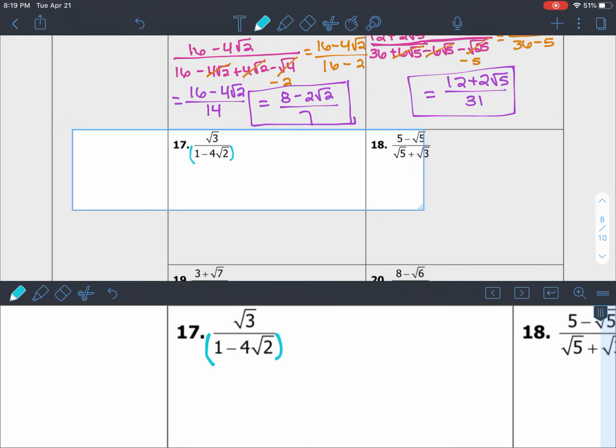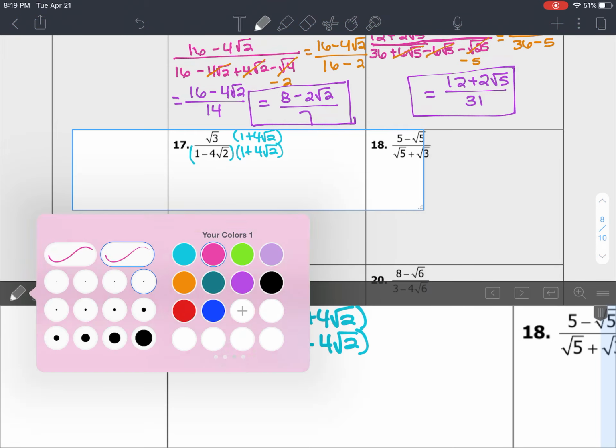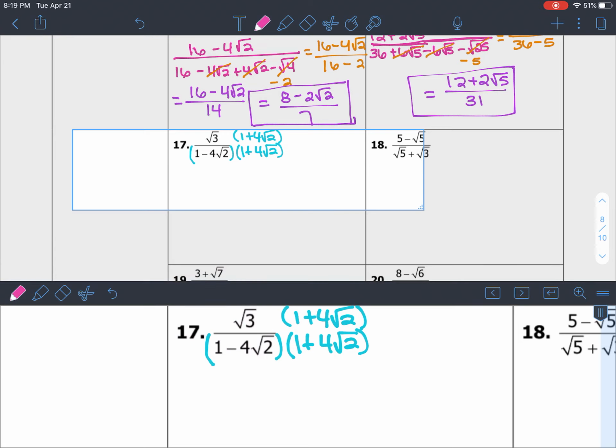All right, on to number 17. So just do the opposite sign here. And then we carry out the multiplication. So on top, we're going to have the square root of 3 plus 4 the square root of 6.